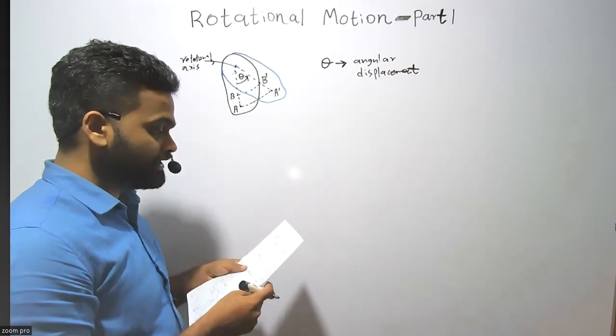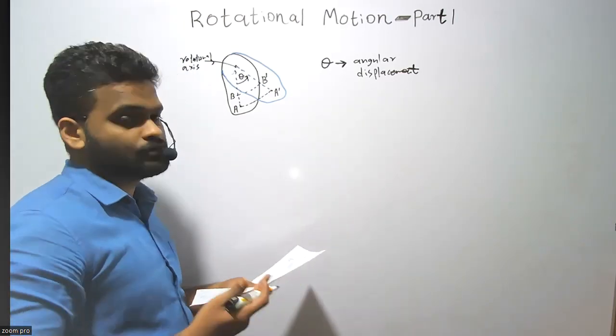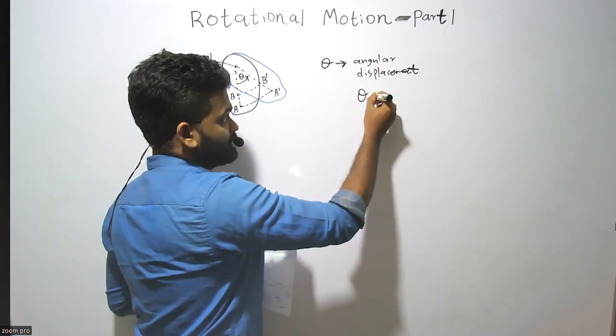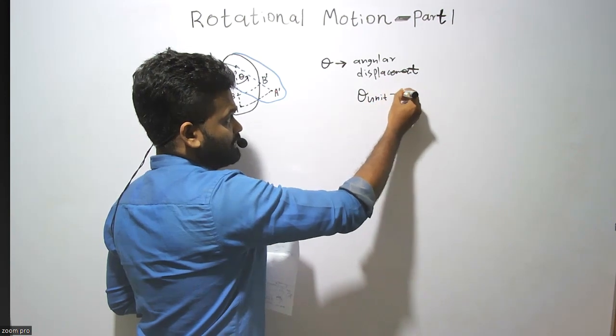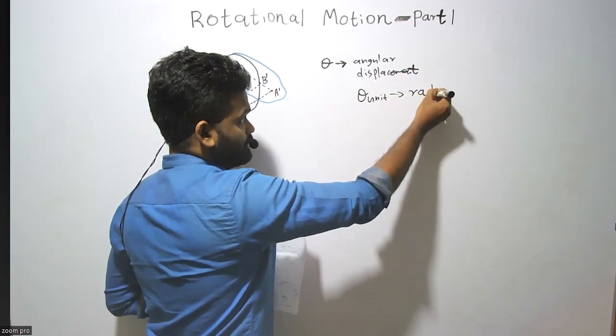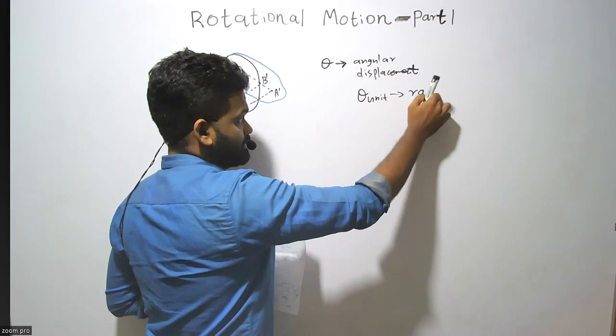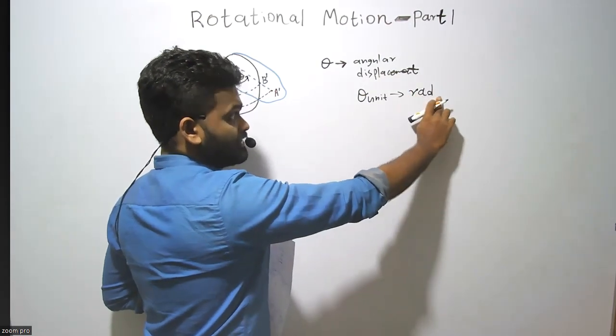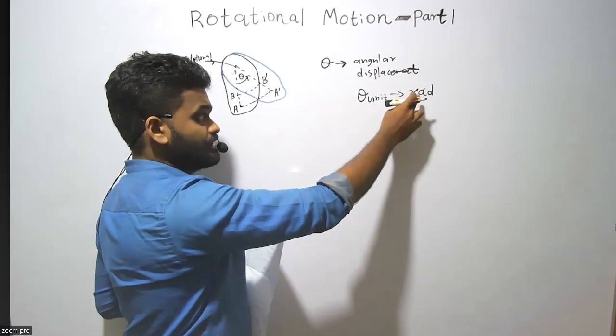So we need a new unit to measure theta. The scientific unit to measure theta is the radian. You have to be familiar with radians now. Earlier as well we learned this. So any angular displacement is measured using radians.